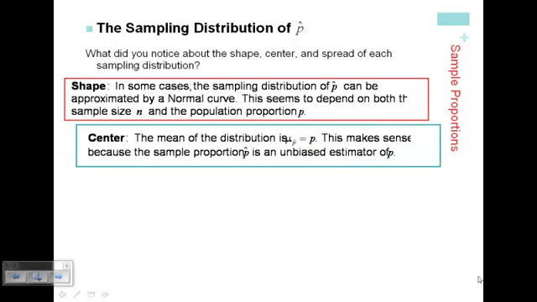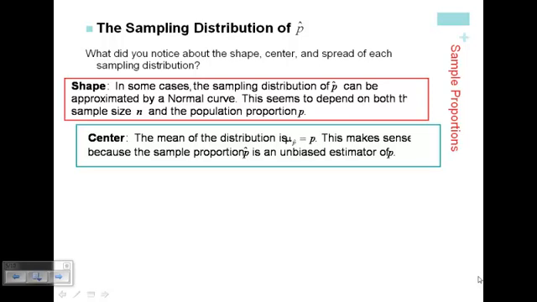The center of the sampling distribution of p hat is always p, the population proportion. If 15% of the population is left-handed, the sampling distribution from that population will have lots and lots of different p hats.